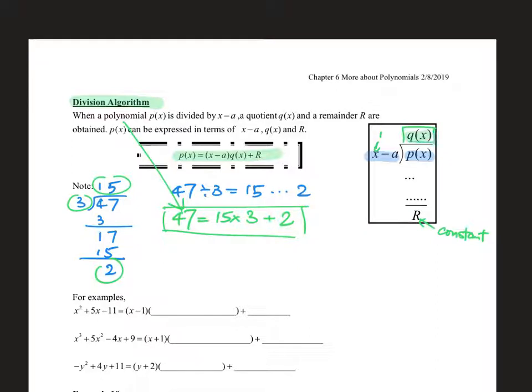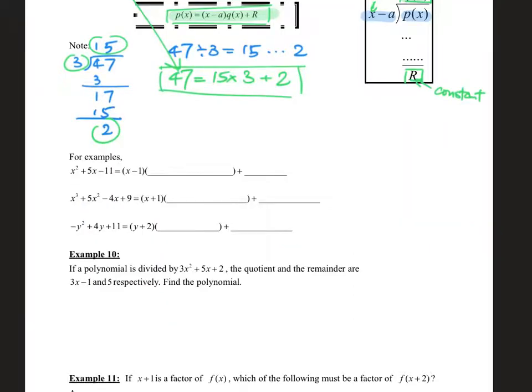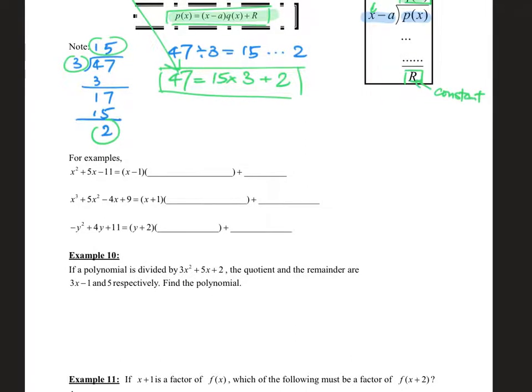The quotient is something about x, so we use the function notation q(x), while the remainder here is a constant, a number, so we just simply use r. So this is the division algorithm: x minus a times q(x), and then plus r afterward.